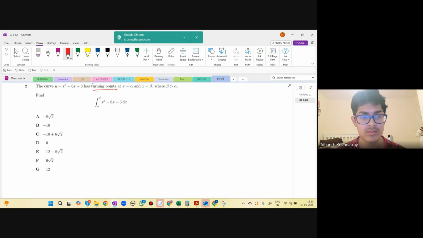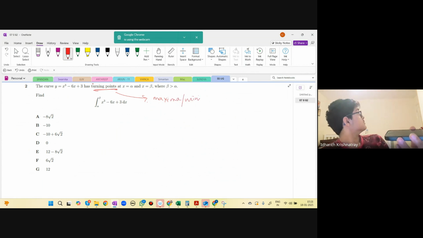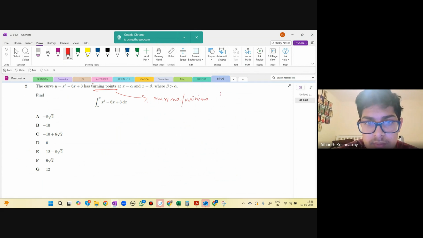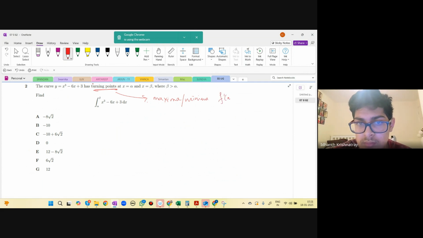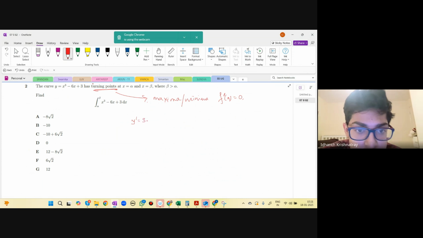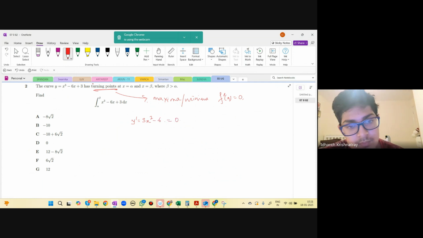What is the meaning of turning point? It's where, when you differentiate it, the gradient is equal to 0. Maxima or minima. That means f dash x will be equal to 0. So y dash will be 3x square minus 6. This has to be equal to 0.